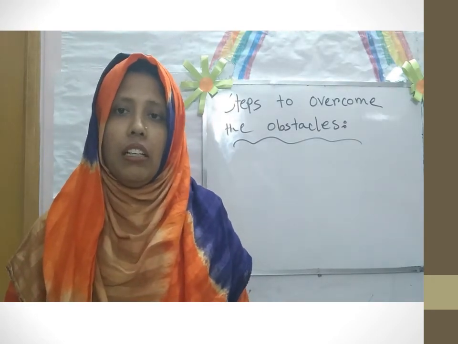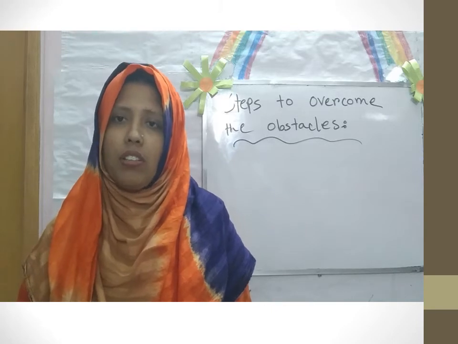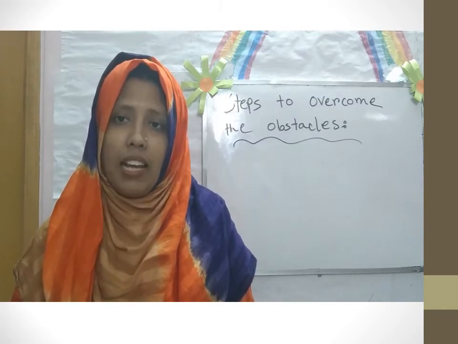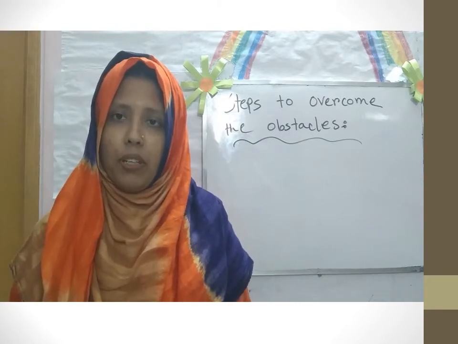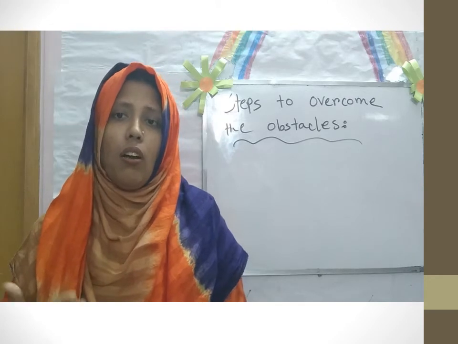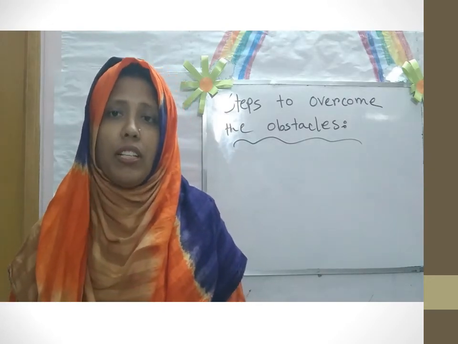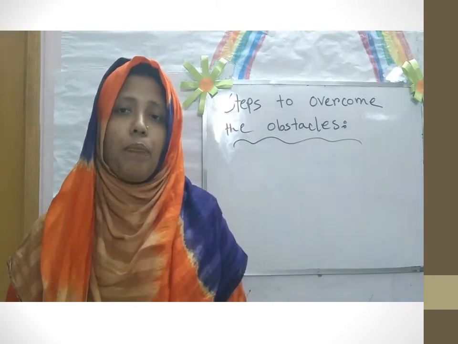For eliminating these types of obstacles, government and private organizations and general people also should take some steps for our economic development. What type of steps should we take for economic development, for eliminating the obstacles?